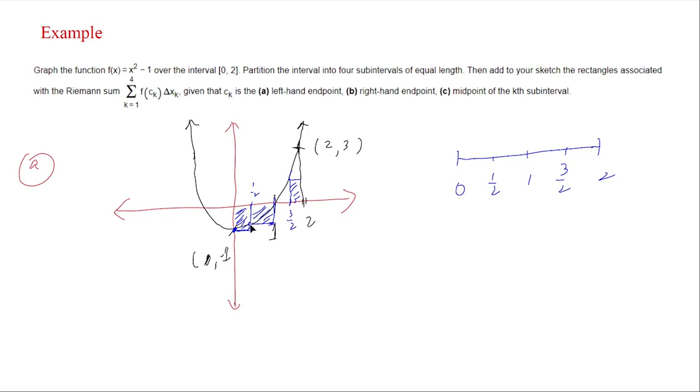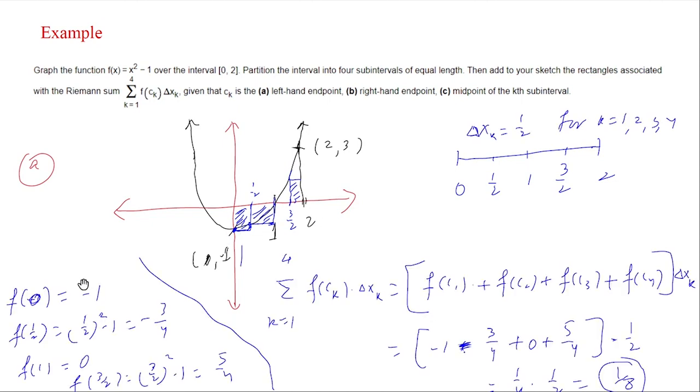Then we use the left endpoints of the other intervals to create these rectangles. Because at this point the function value is 0, the rectangle won't have any height here, so you are just going to see 3 rectangles.